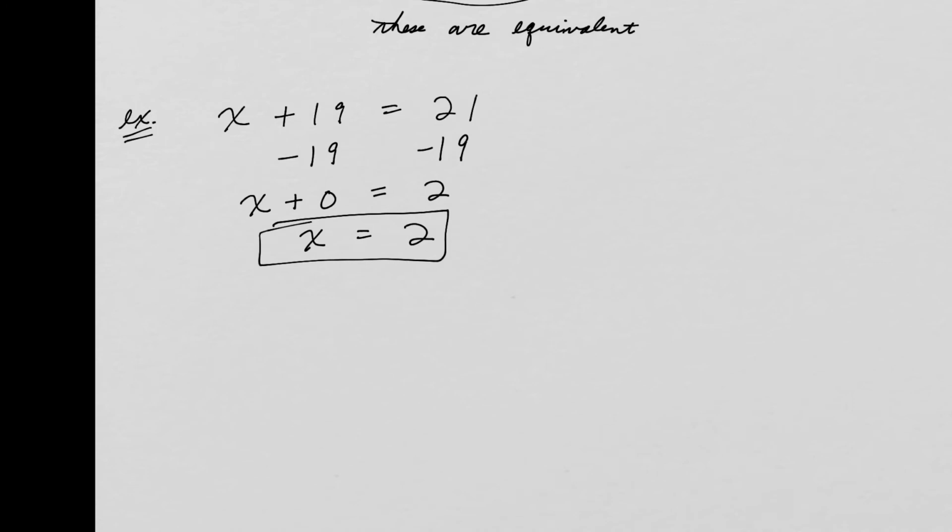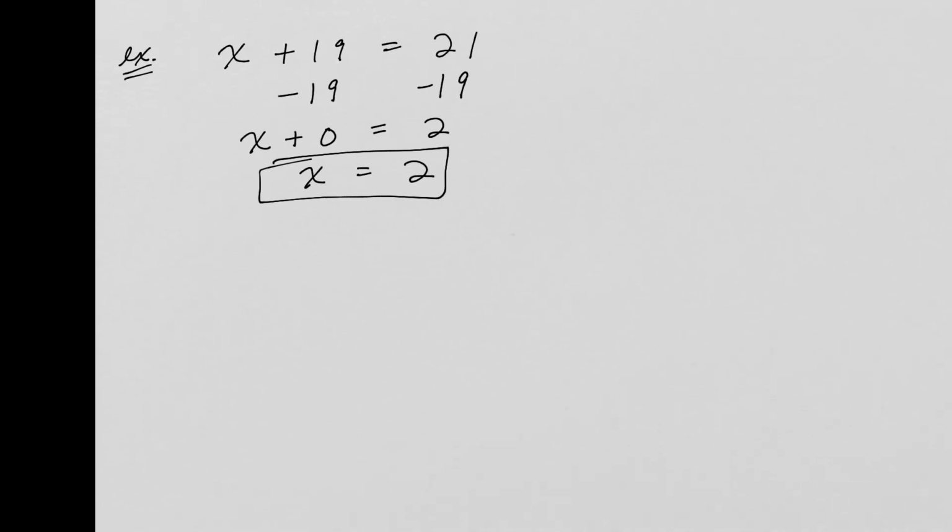Okay, so let me write down what we did in words. Since 19 is added to x, we want to undo that operation, basically.